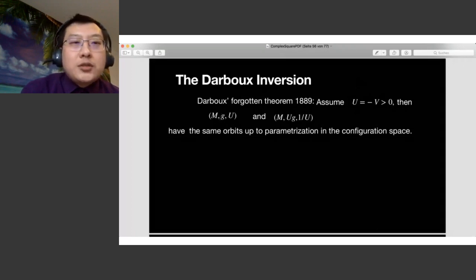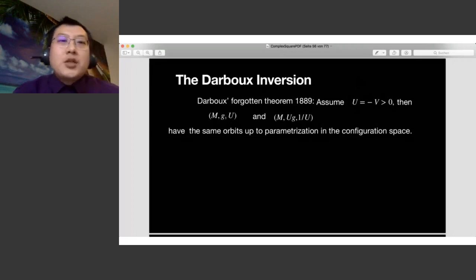So just by stating that the covariant derivative of the velocity with respect to itself equals the gradient of U with respect to the Riemannian metric g.